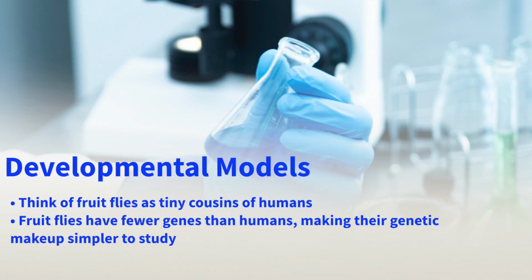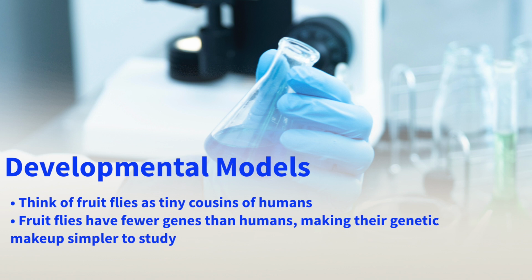Believe it or not, fruit flies and humans share many genes that control development. By studying how fruit flies grow from an egg to an adult, scientists can uncover clues about how human beings develop from an embryo to a fully grown individual.